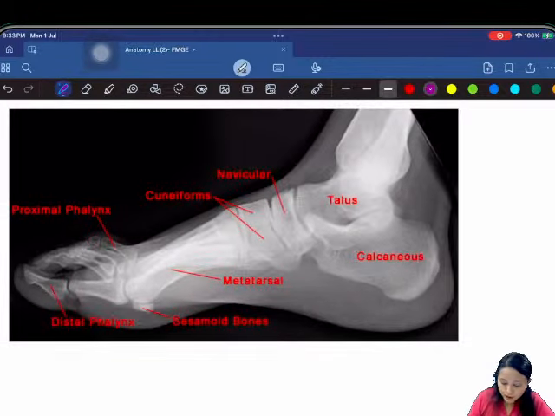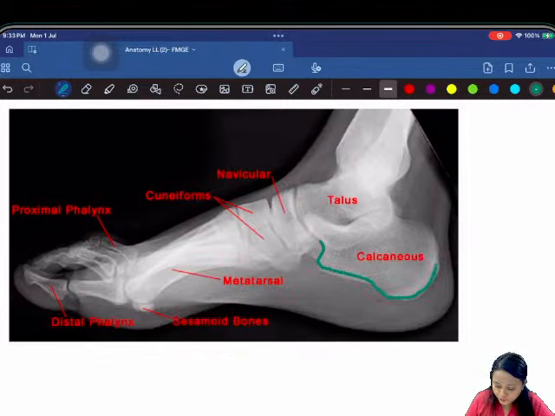See now, how to identify the bones. You can see this is the heel bone, the large bone, and this is your calcaneum. It is bearing the whole of our weight. The bone above the calcaneum is your talus.